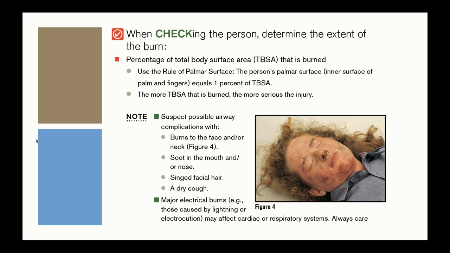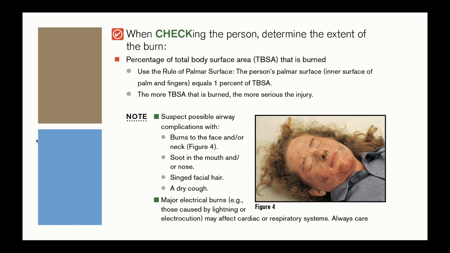So we can start adding up how big the burn is based on the size of their hand. If more than 1% of the body is burned, it's considered a serious injury. So if there's a burn that is larger than that person's palm and fingers, then it's considered a serious burn, which means we are going to evac.